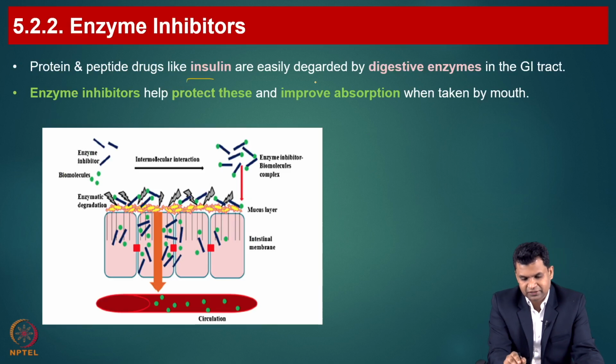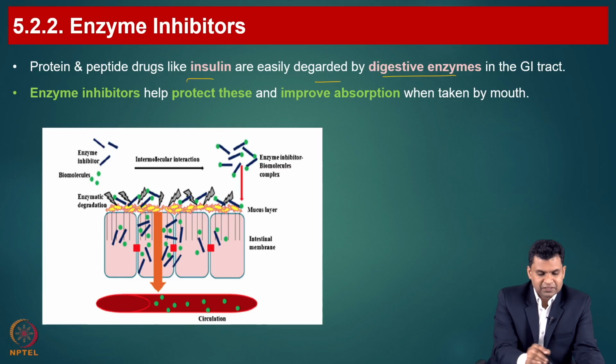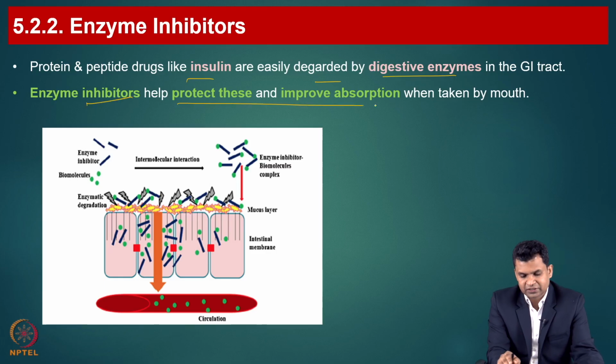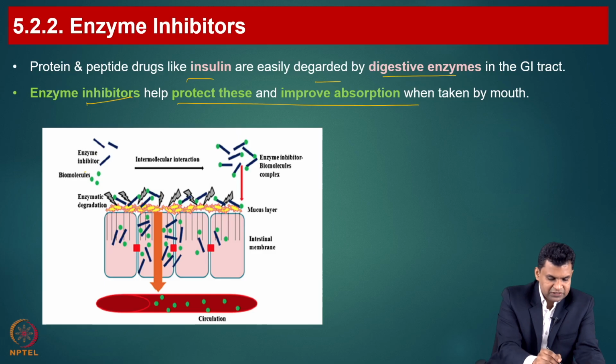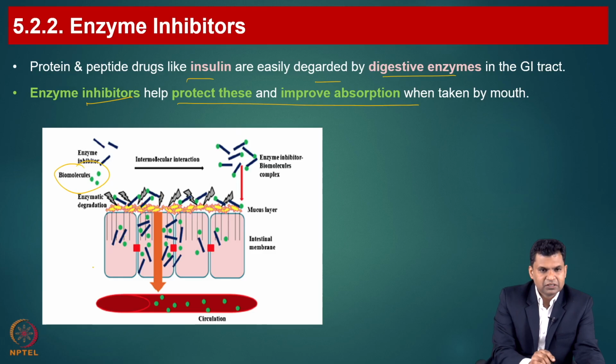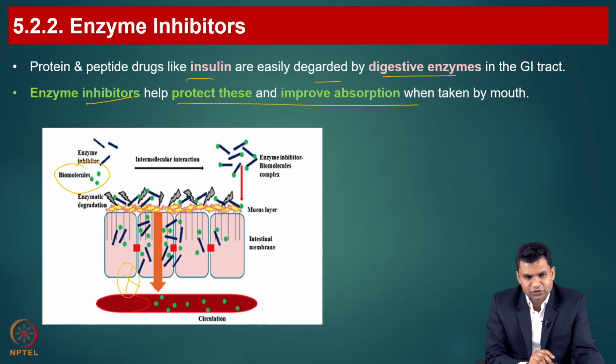Now, enzyme inhibitors, you can see the picture representation. Insulin can be degraded by digestive enzymes like pepsin, and an enzyme inhibitor will protect it and improve the absorption when you are taking the oral route. Now, you can see that when you give biomolecules alone, they will not enter the biological membrane because the enzymes degrade them, and you will see a very small amount of uptake of the biological molecules.